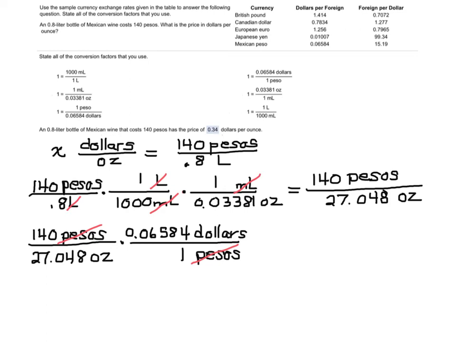And when I work out this multiplication, if I multiply 140 times 0.06584 and I divide that all by 27.048, I get 0.34, and my units are dollars per ounce of wine.